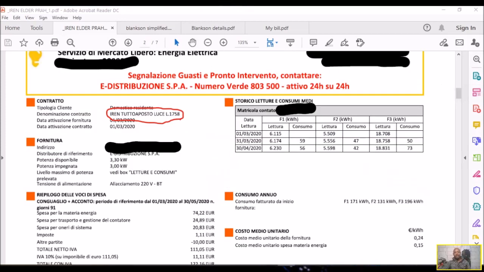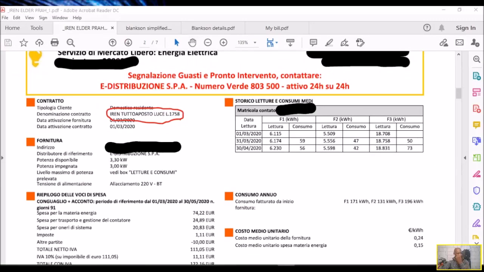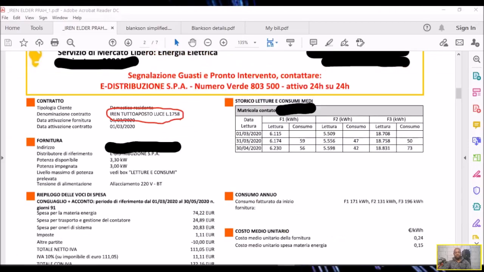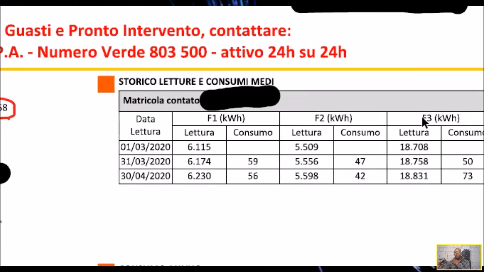All right, this is the name of the offer, which is Iren Tutu Apostoluce. That is the name of the contract. And then as you can see, it has 3 kilowatt power and has availability of 3.3 kilowatts. And obviously this is also in a B horario. So we can see F1, which is in kilowatt hora, F2, and then F3.